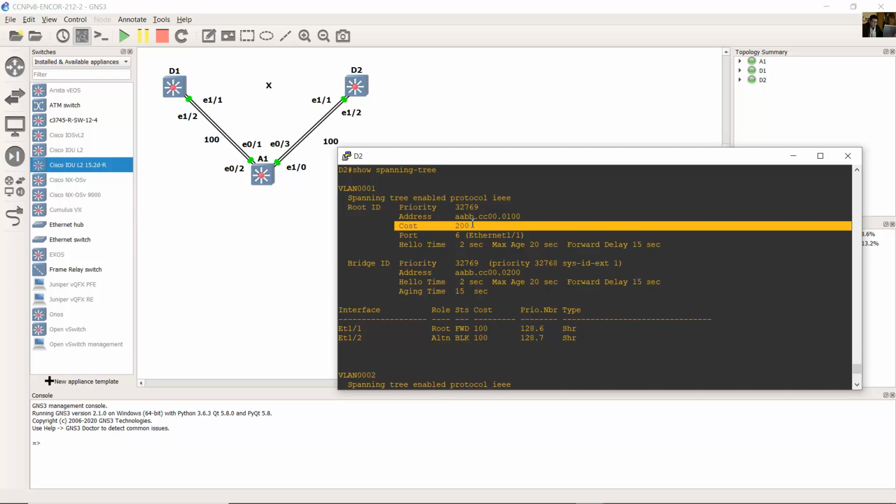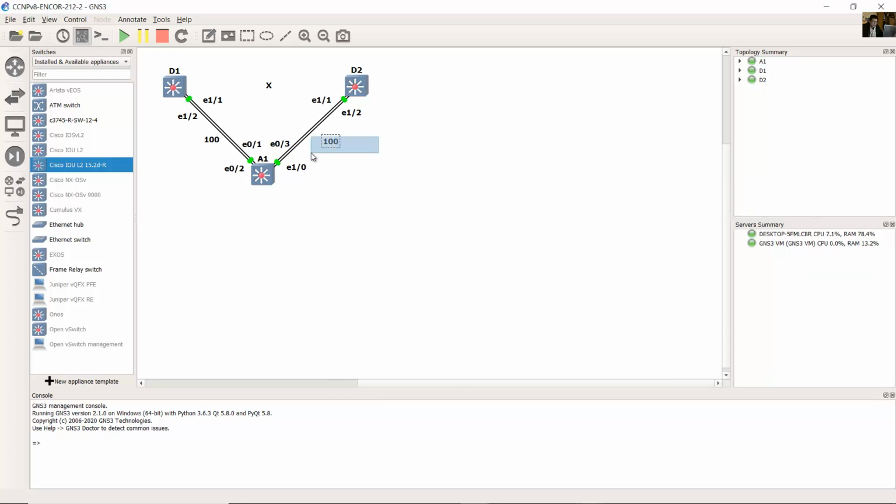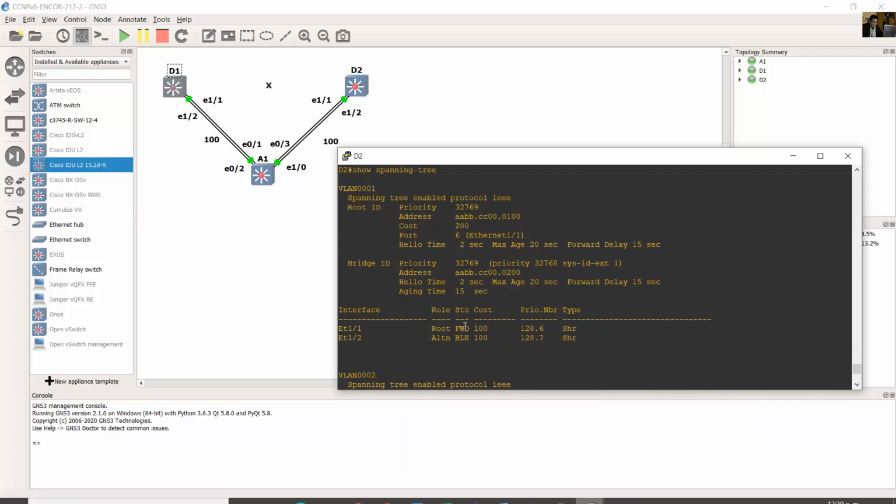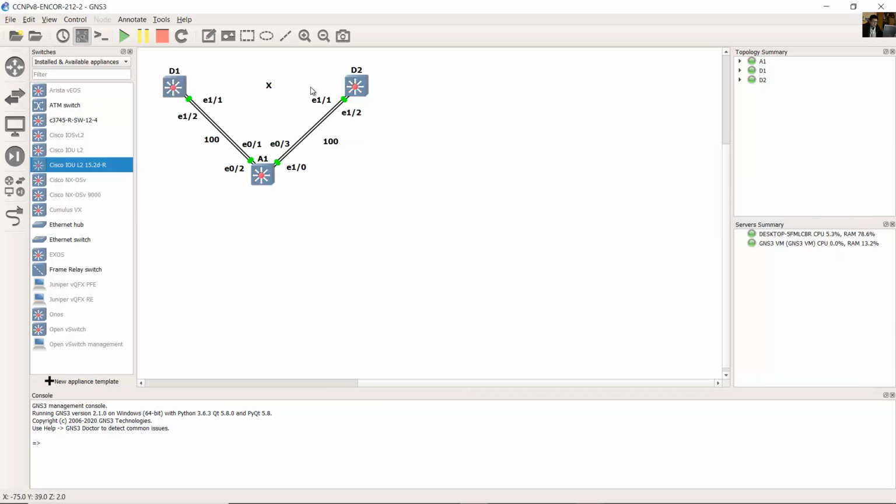And now you can see the cost is 200, 100 plus 100 to reach the root bridge, and the port cost is 100. Ethernet 1/1, the port cost is 100.